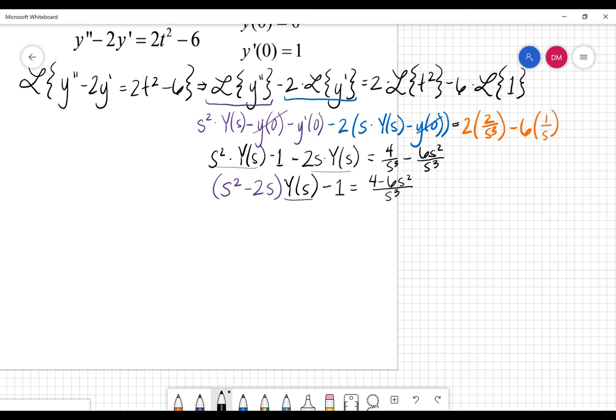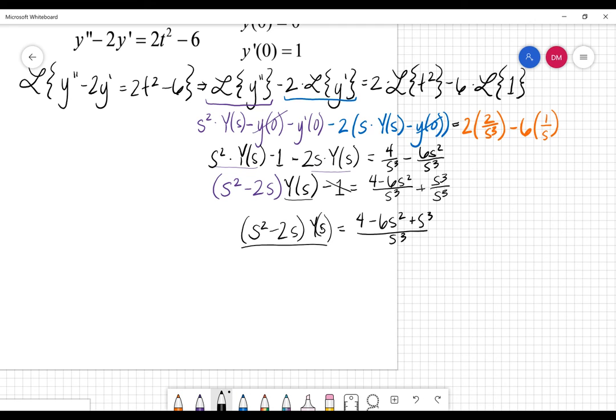So adding the 1 over leaves that s squared minus 2s times Y of s. If I add 1, I'm basically adding s cubed over s cubed. Okay, so I'm going to have 4 minus 6s squared plus s cubed all over s cubed.